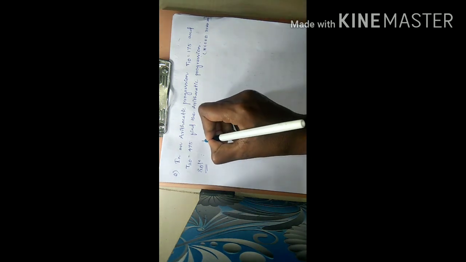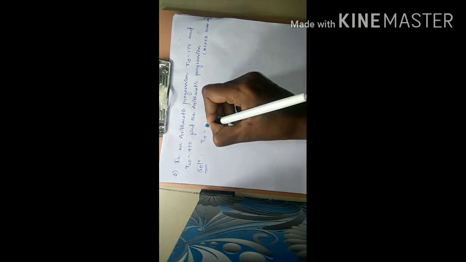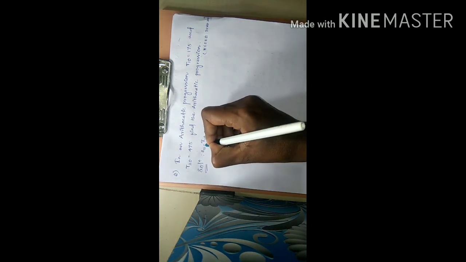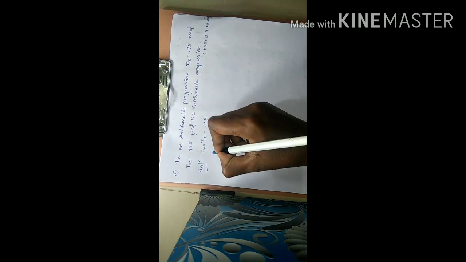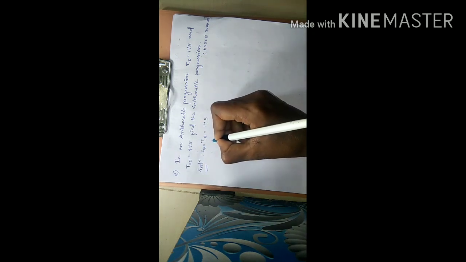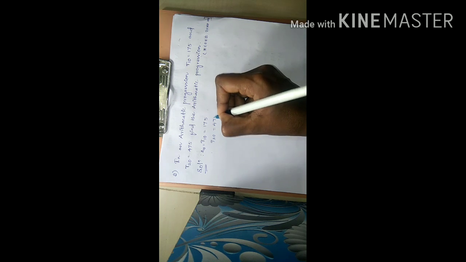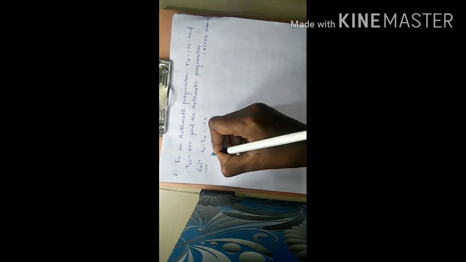Here the 10th term, that is T10, is equal to 175. So here you can write A10 also. And another one is T20 is equal to 475. You can write this as A20 also.